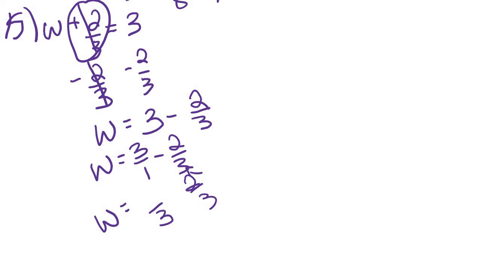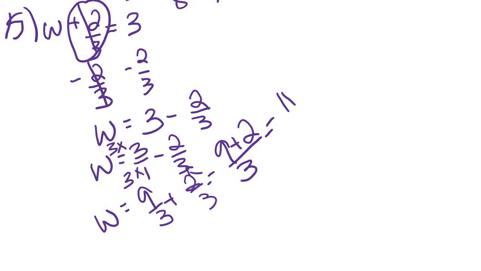If I want this first one to have a 3 on the bottom, from 1 to 3, I had to multiply by 3. What I do to the bottom, I have to do to the top. So 3 times 3 is 9. So now I have the same denominator. I can write this as 9 plus 2 over 3, and that's going to give me 11/3.